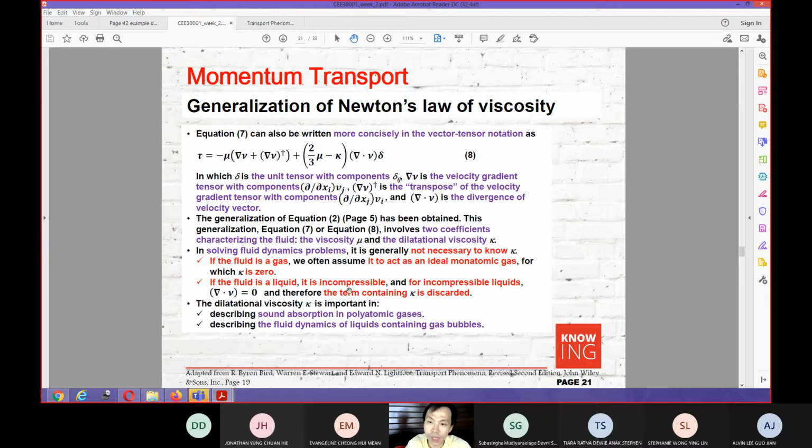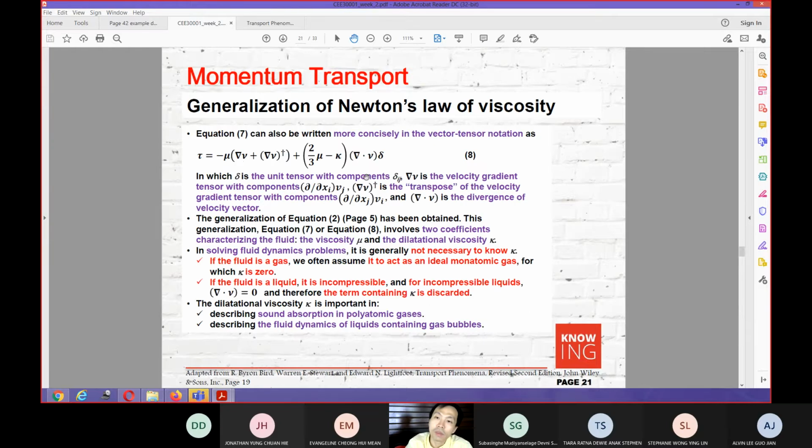So for an incompressible liquid, this term, the divergence of v, can be regarded as 0. The only case where the dilatational viscosity kappa is important is when you are dealing with sound absorption in polyatomic gases or the fluid dynamics of liquids containing gas bubbles.